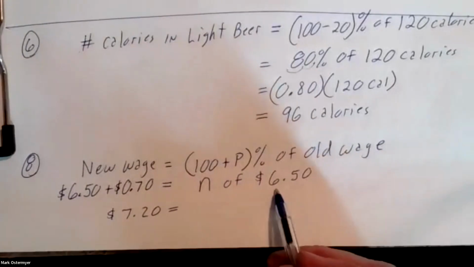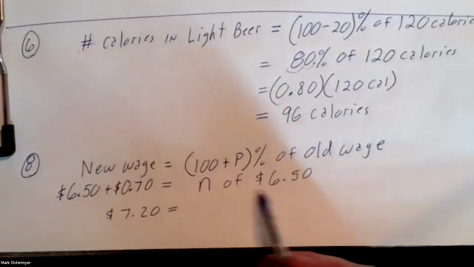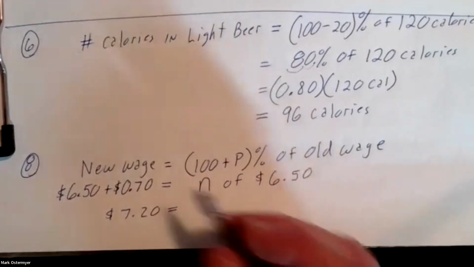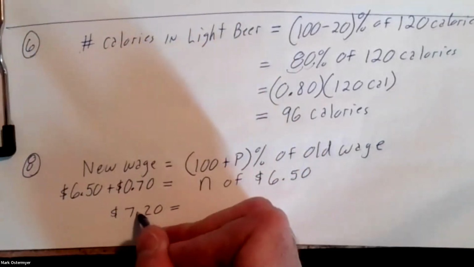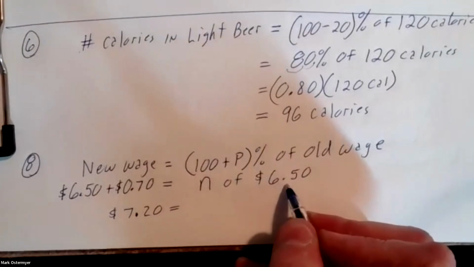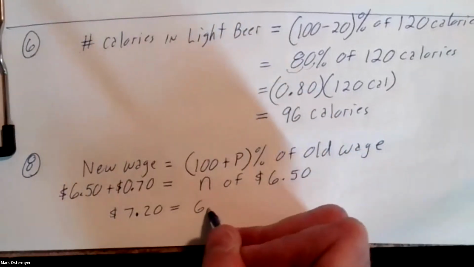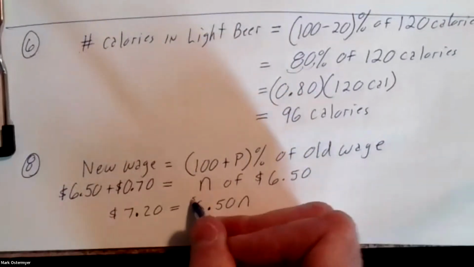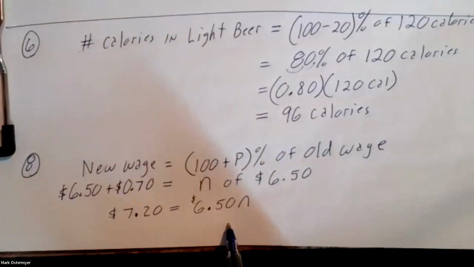And that's going to be N% of the old wage. Now, we don't know what N is. Of means multiply. So the right side of this equation is just going to be $6.50 times N. How do I solve this equation for N? What do I divide both sides by? 650.